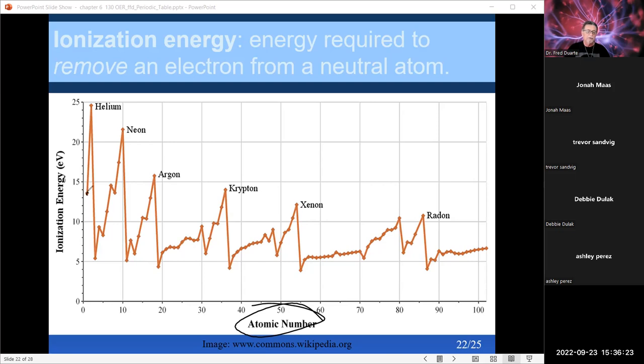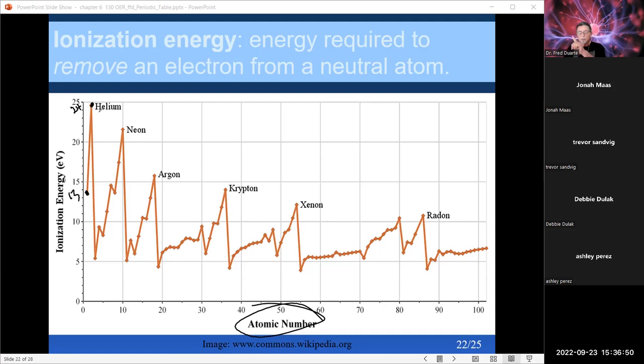If we start off with hydrogen, right here, we have about 13 and a half units of energy. That's hydrogen, on the left-hand side of the periodic table. Now, as we go across over to helium, the ionization energy to yank off an electron from helium goes all the way up to about 24. That's a big jump, almost 11 units of energy.